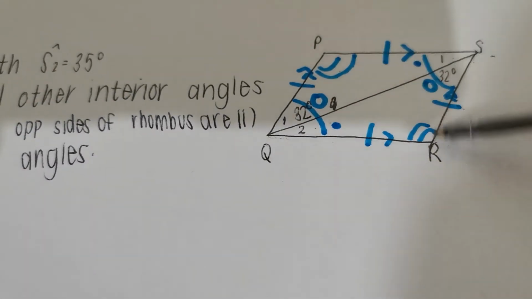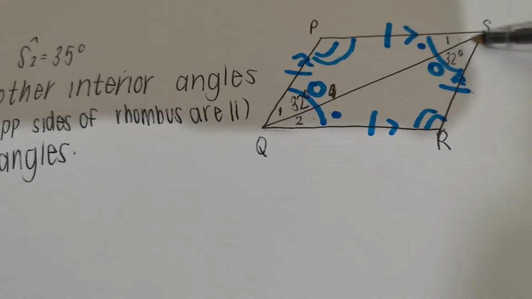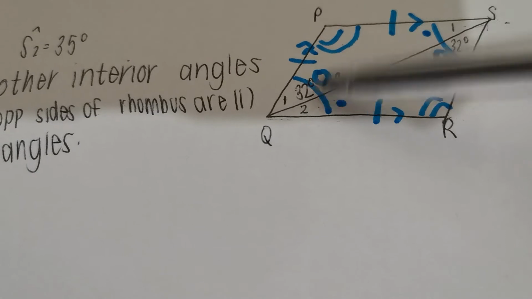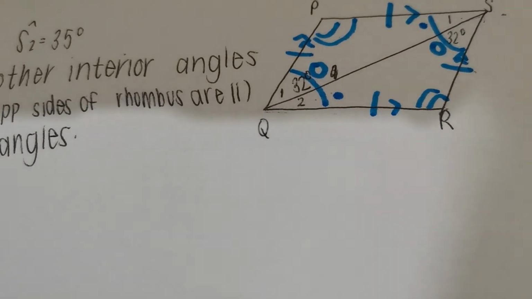We know that they're going to be equal, so I just need to figure out one of them. And do you see that we're in a triangle? So I can say P plus 32 degrees plus 32 degrees adding up to 180 degrees, because of the sum of interior angles of a triangle. So let's do that.